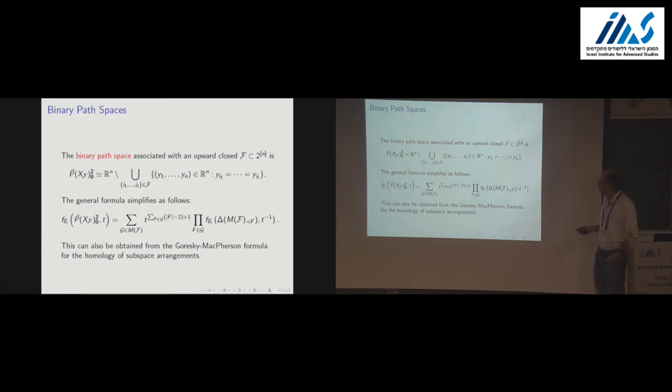Then the general formula simplifies as follows. This can also be obtained by an old result of Goresky and MacPherson, a very famous result from '88 that computes the homology of subspace complements in general. In this case, we get exactly the same formula as their result.